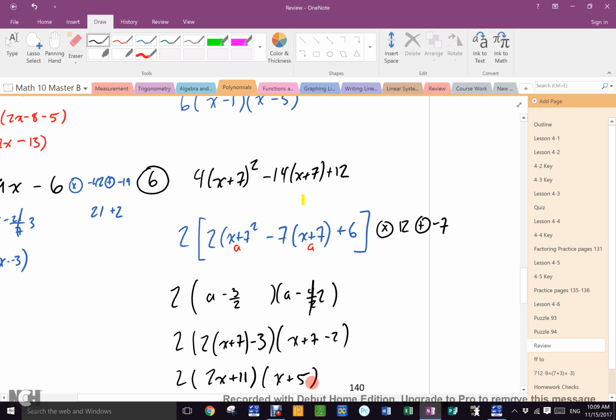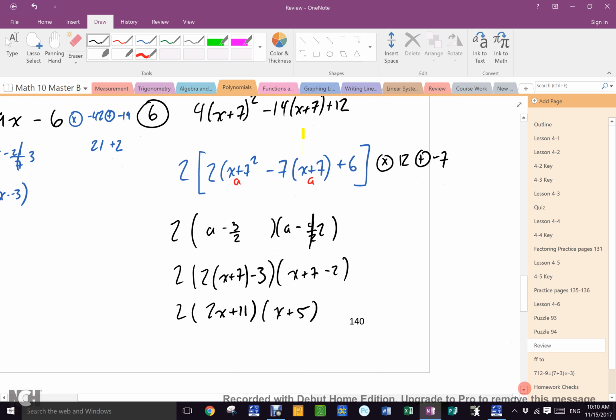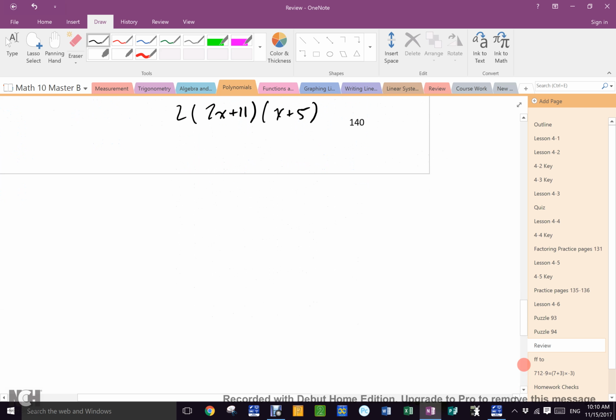The only way I could make this any more difficult was if one of these or both of these could factor. You understand what I mean by that? Don't write down what I'm about to do, but this is the only thing I could do to make it more difficult. Let's pretend you do all the work and you get to here.